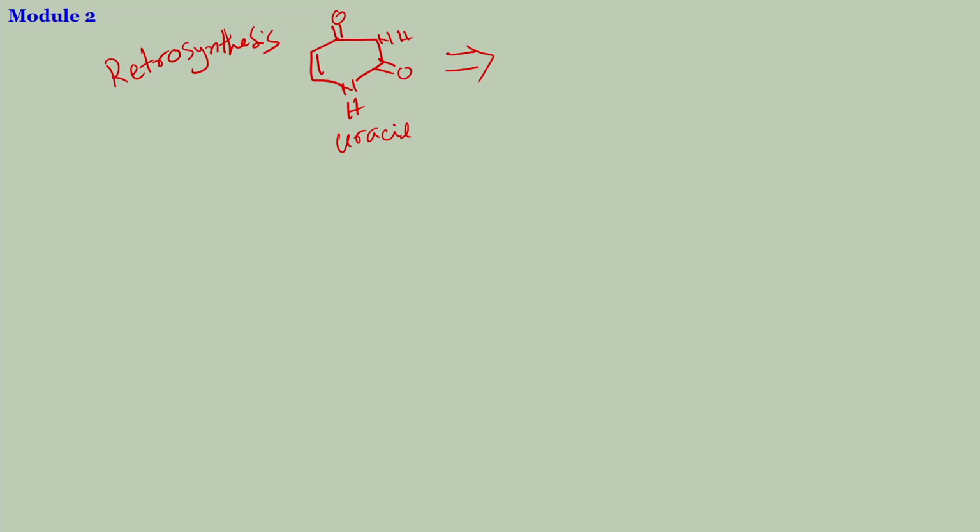So, by looking at the molecule, you have to think what the previous step could have been. Here, if you look at this molecule, can you find out a way how to break it? I will give you a further simplified example.